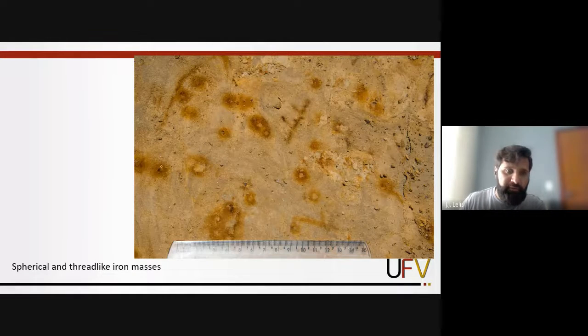Here you can see some spherical iron masses, like here. Oh, it's quite beautiful. You can see some here. And we can find something like here. These fringes here and here. Okay.